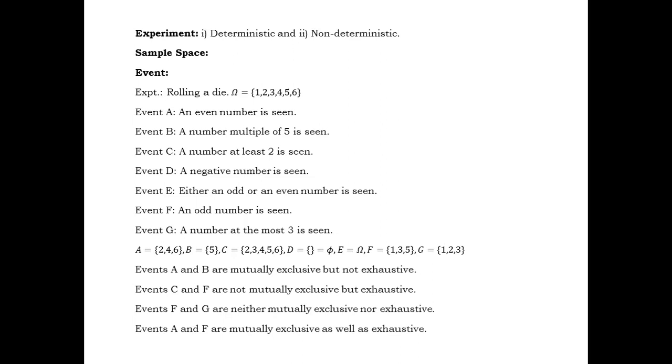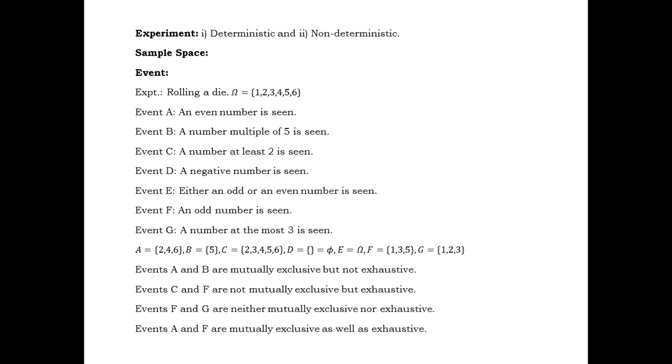As such, if you apply your logic of mathematics and the previous formula, you will realize that the total number of events that we can define corresponding to a sample space with n outcomes is going to be 2 to the power n. This is a very big statement I have made. I do not know whether you have followed or not.